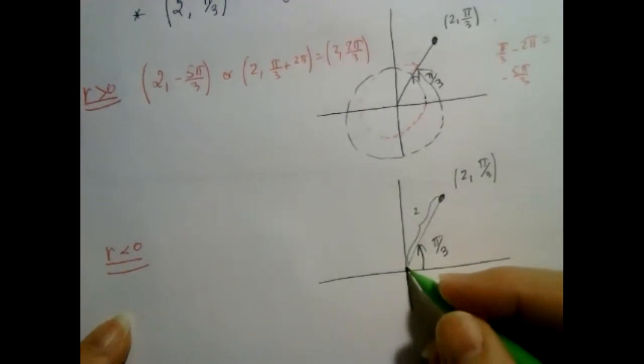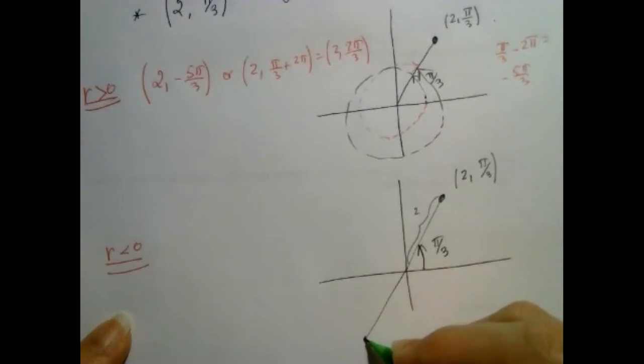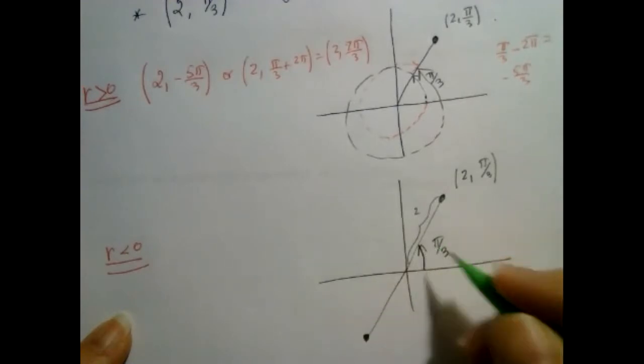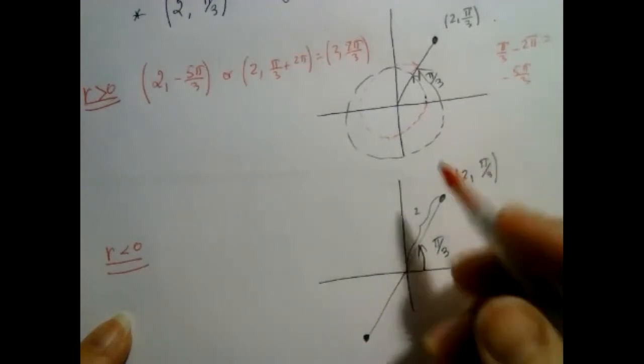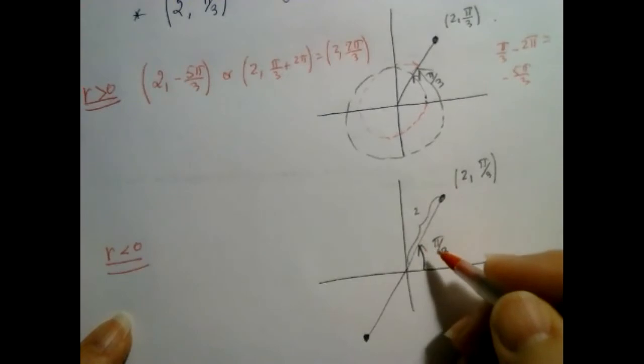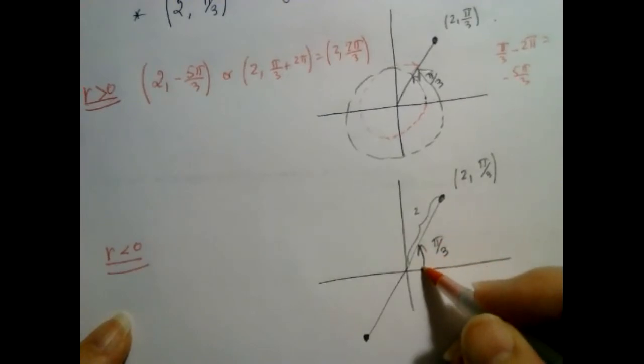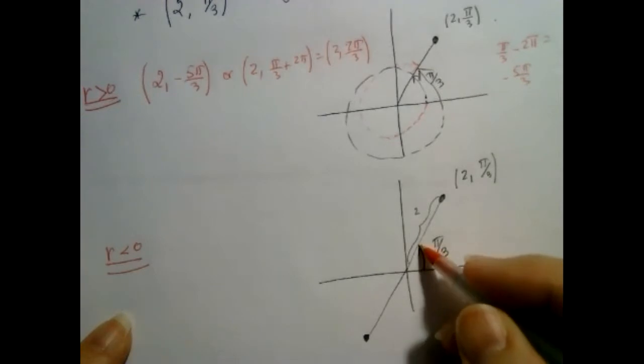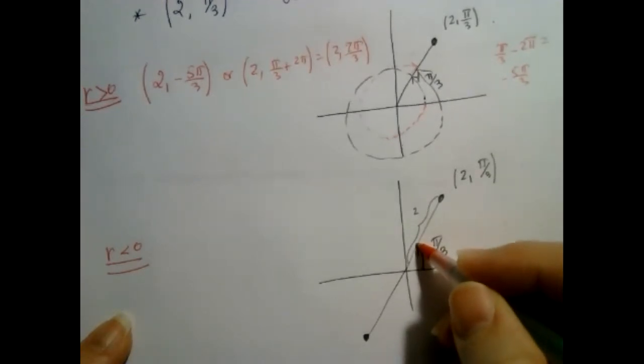Yeah, so you're looking at this point, right? Okay, so what is your angle? It's pi over 3. How much did you add to it? How did you get 4 pi over 3 from pi over 3?